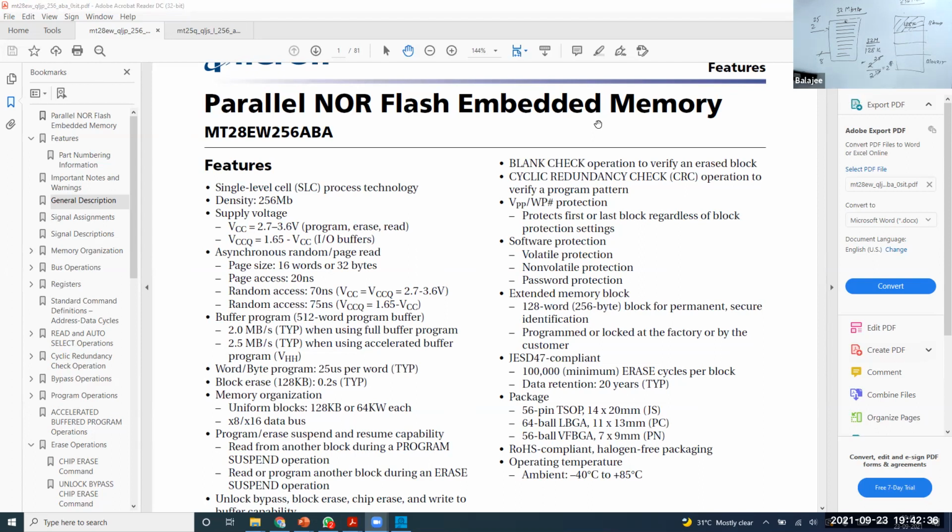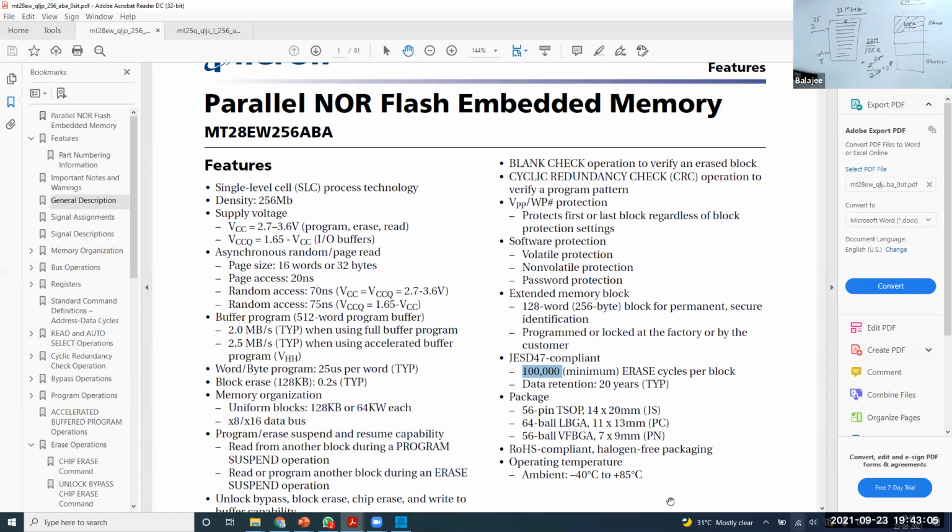Very good. Now this is another very important thing. You see here, they have written 1 lakh, that is 100,000 erase cycles per block. That means you can erase this only 100,000 times. If you erase more than 1 lakh times, then that memory chip will become waste.